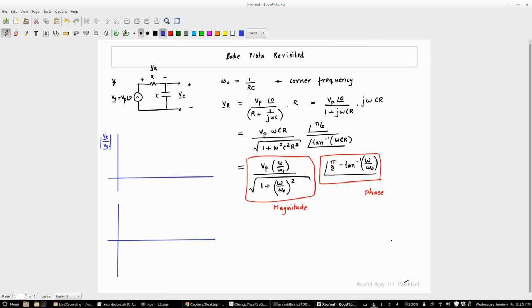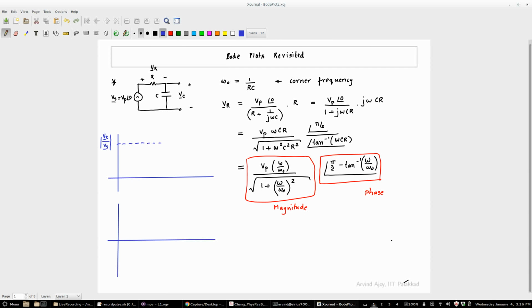If I look at the magnitude, which let me call the magnitude of VR divided by Vs, at low frequencies, what happens to this particular function? At low frequencies, this function tends to 0.